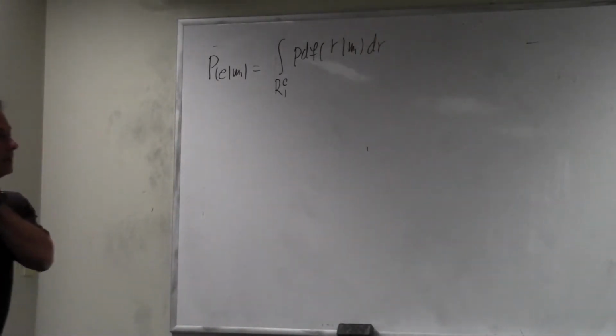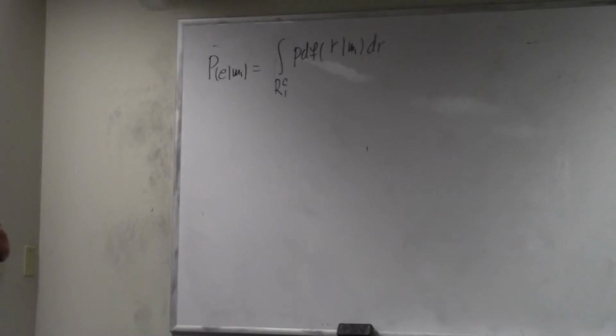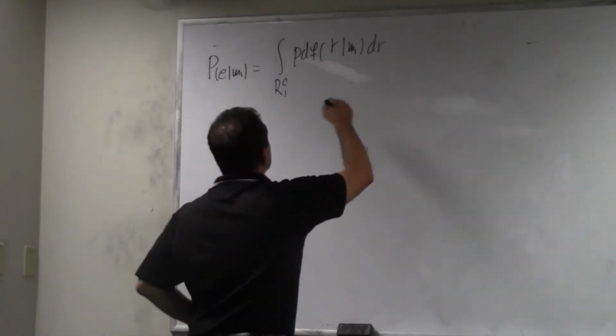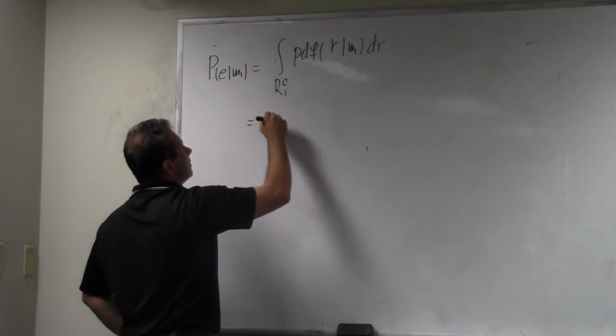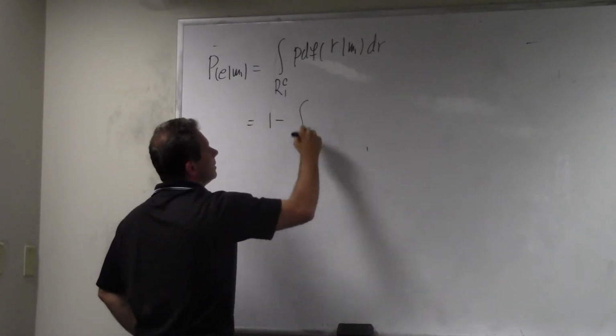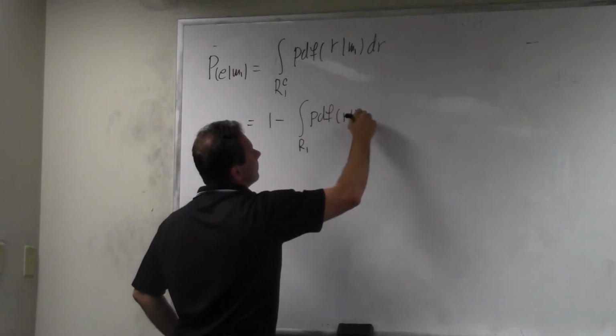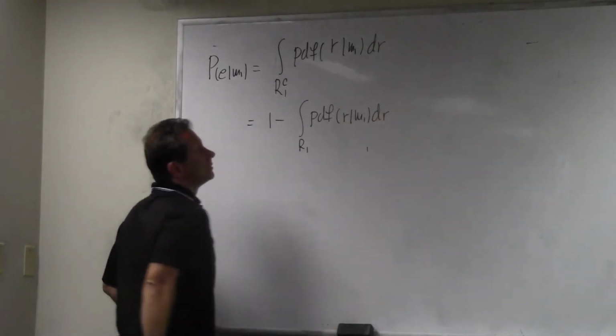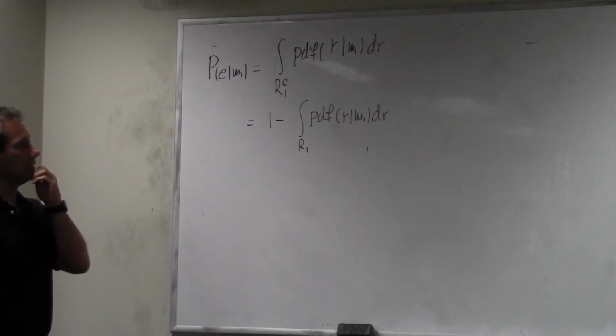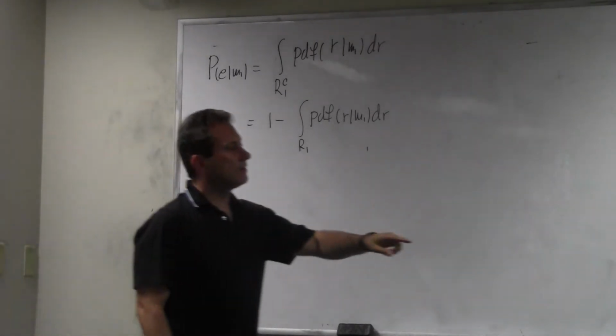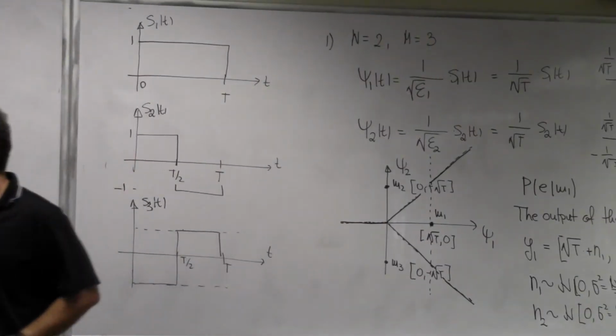So that's how we calculate this. Or I can say that this is 1 minus the integral over R1 of the PDF of R given m1. So that's what I need to calculate. Now, what does the PDF of R look like when I'm sending m1?